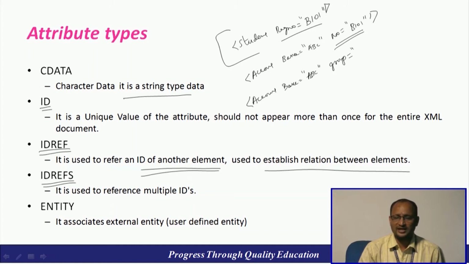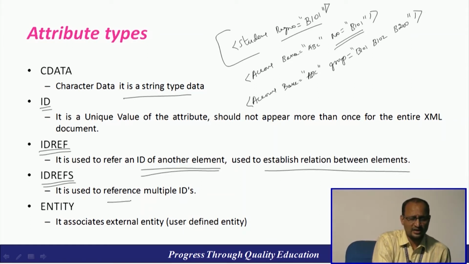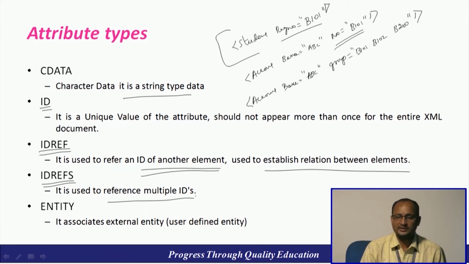So actually I can refer to more than one account number. There is no separator, only a space is enough: B102, B200. These are ID values which are referred to by a particular element. So I can refer to multiple IDs. This is the way an XML document will have the data.